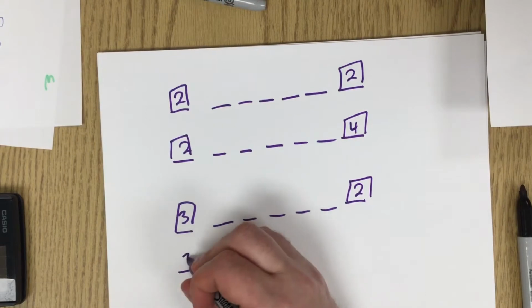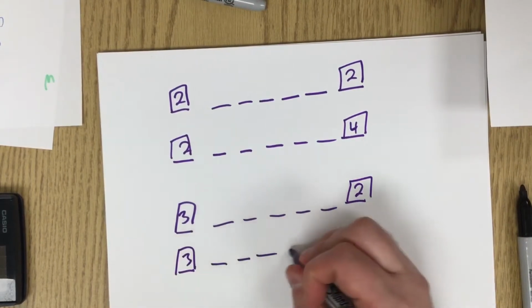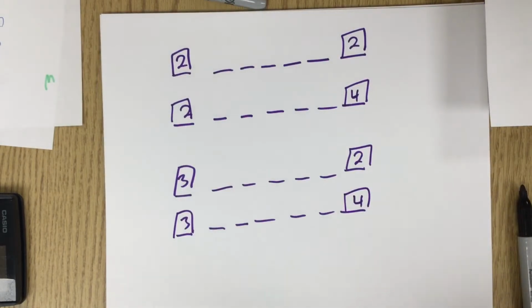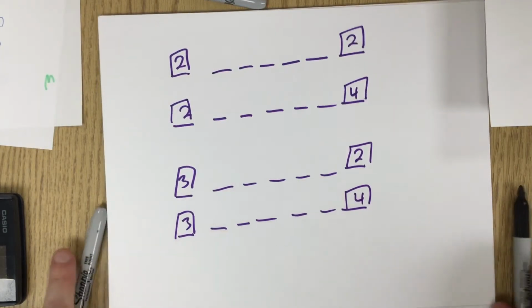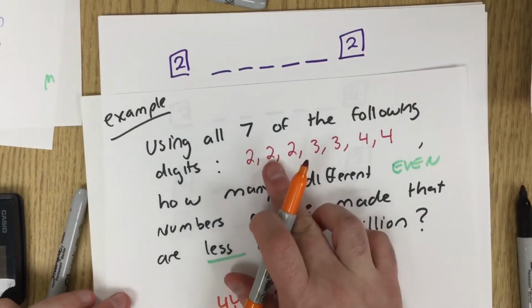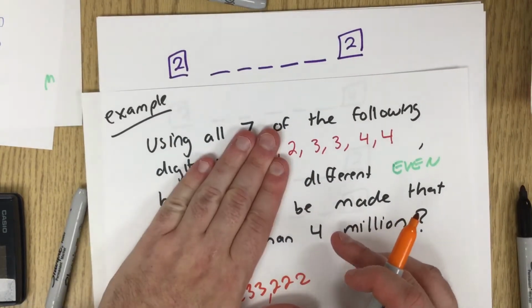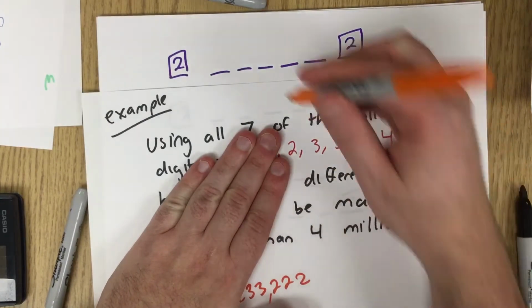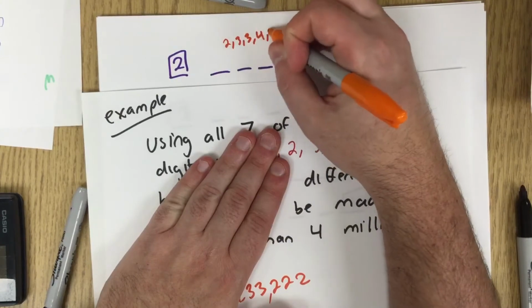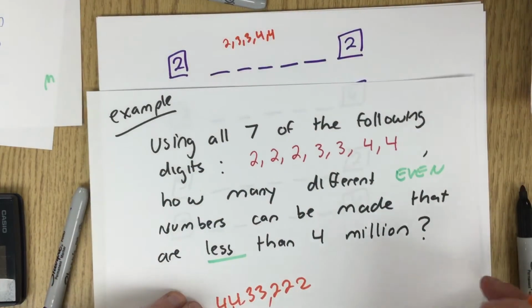Or it could start with a 3 and end with a 4. Okay, so which numbers are left behind? If we started with a 2 and ended with a 2, then we have a 2, 3, 3, 4, 4 left.